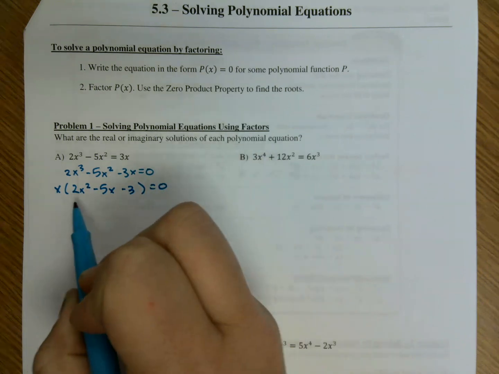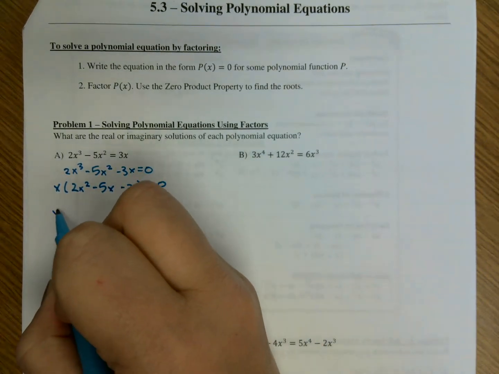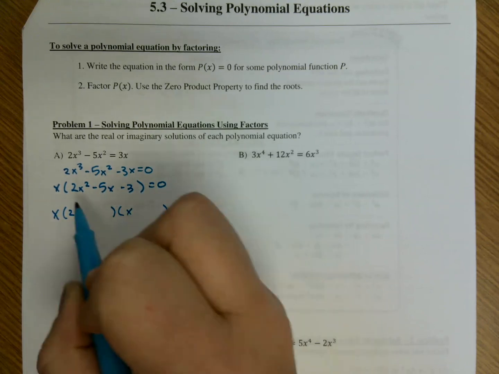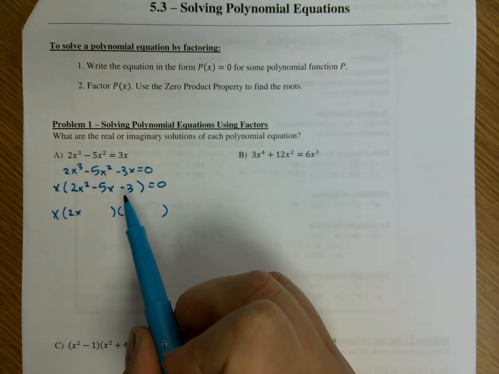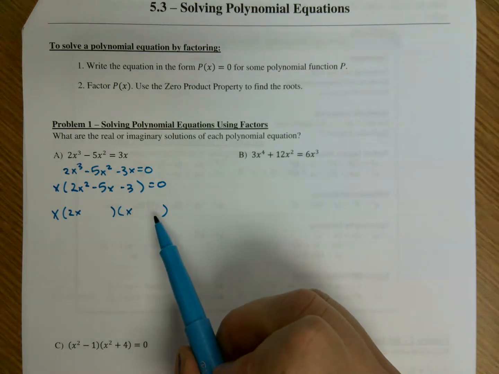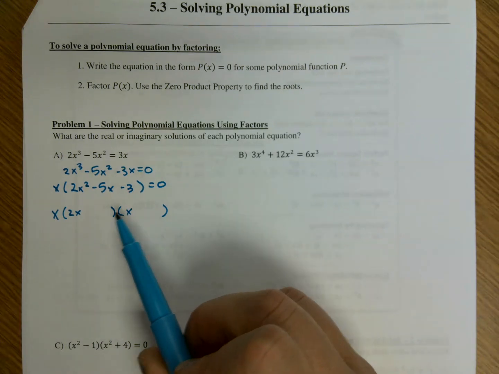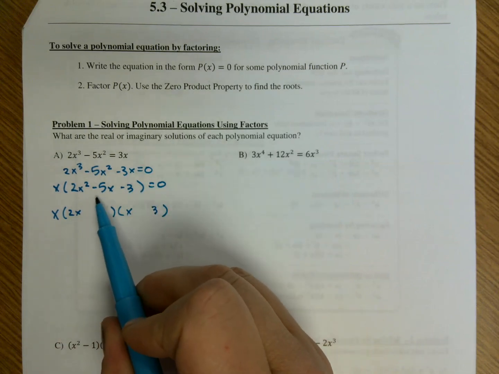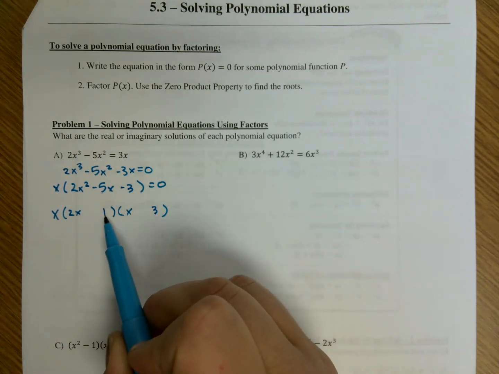Now I want to see if I can factor this even further, which I can. So I'm looking for numbers to multiply to get my 2x squared right here and 3. So let's see if I put the 3 here, I can make a 6 and a 1 there. So I'm going to do 3 and 1. This multiplies to get a 6. This will multiply to get 1.